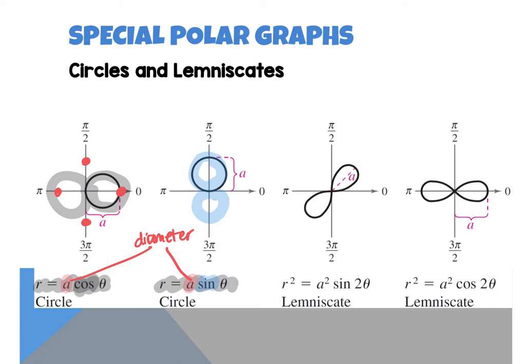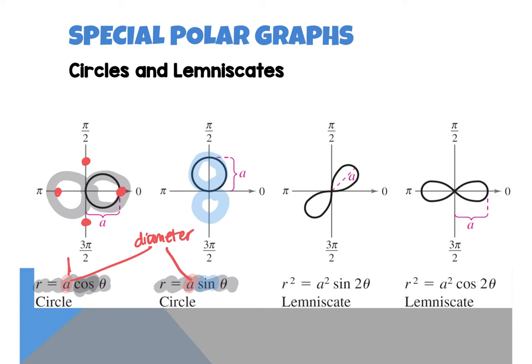If I plug in 0 and I get r to be the number on the front here, then I know I found my diameter. If I plug in pi over 2 and it's there, now I know my circle's here. If I plug in pi and it's there, I know my circle's here. If I plug in 3 pi over 2 and I get the r, then I know my circle's at the bottom. So you eliminate a lot of work by just knowing that about a cosine one.